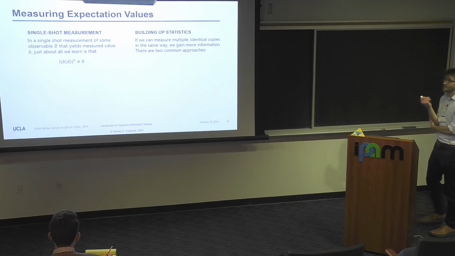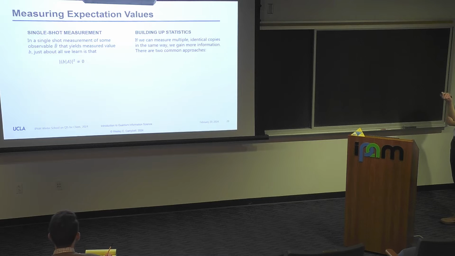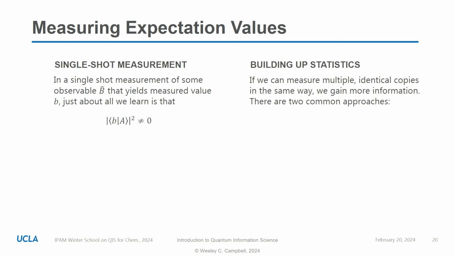If we measure multiple identical copies in the same way, we gain more information, all right? And there are two common approaches for doing this, and the differences between these two are going to be really important for the talks you're going to hear by Nick Chilton and Nick Hutzler. And so here are the two possibilities. One of them is we're going to measure an ensemble average.